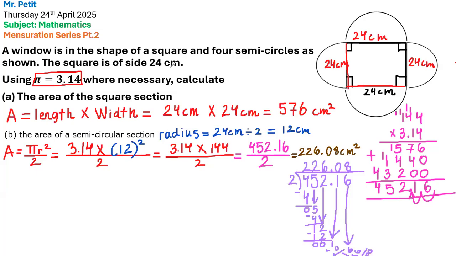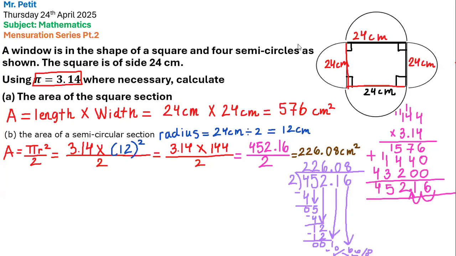All right. So we get 226.08. And the most important question is: do y'all understand how we got 226.08 centimeters squared? Yes, sir. One student asked in the chat, but it was disabled.